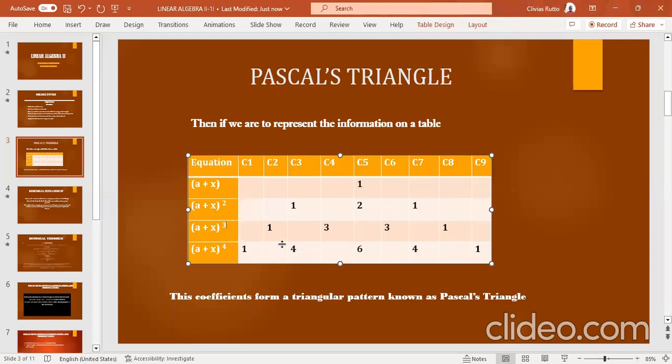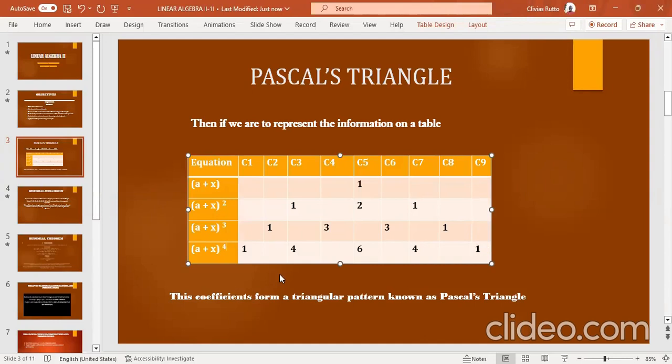Now, if we take another example, A plus X cubed, we'll be able to get 4 terms, with coefficients 1, 3, 3, 1. So A cubed plus 3A squared X plus 3AX squared plus X cubed.